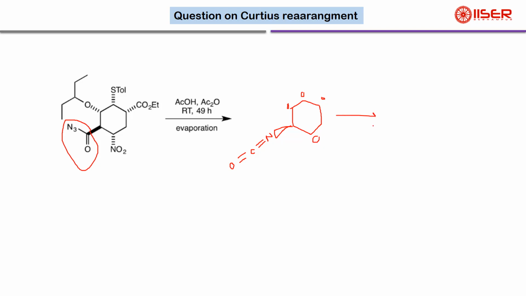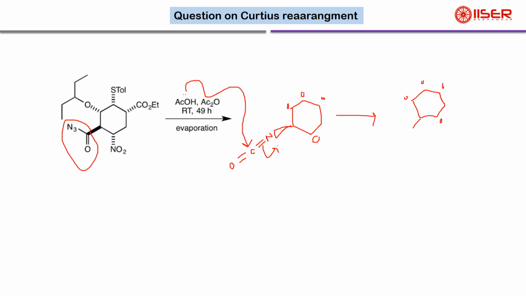After that, now see what type of solvent they have used. There is no water, no alcohol, but they have used acetic acid. So acetic acid will attack at this place. So the product is, I am not drawing all the chiral centers. It's not that they are all gone, okay? All four are there with the same stereochemistry as the substrate.